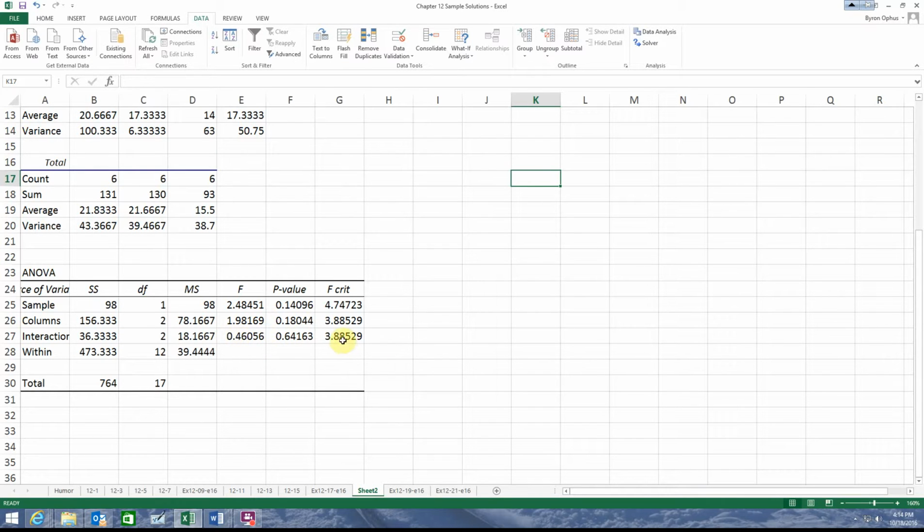So the fact that the calculated F is less than the critical value means we accept the null, and so there is, in fact, no interaction between these two sets of data. So one isn't necessarily dependent on the other in that case.